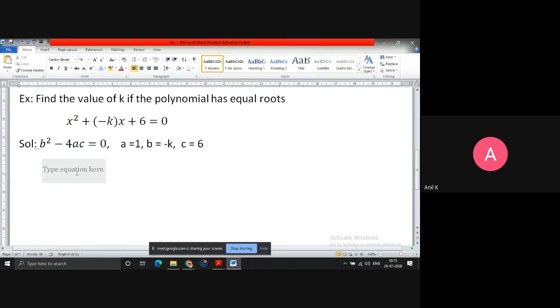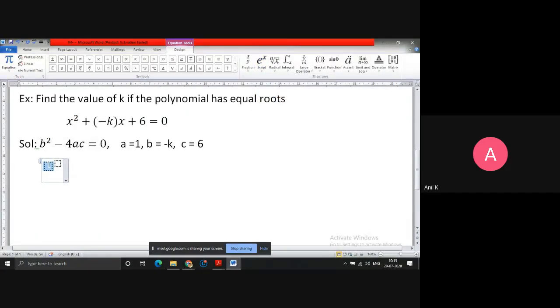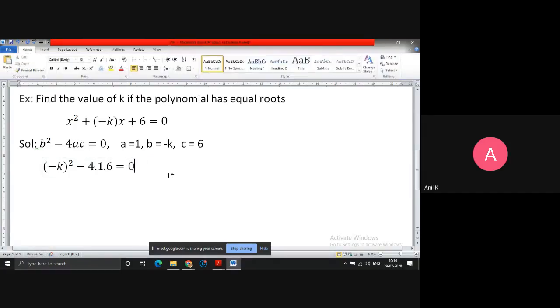I got A value, B value, C value. So let me substitute A, B, C values. So what are you going to get? B value is minus k, so you'll get minus k whole square, b square minus 4, A value is 1 and C value is 6, is equals to 0.